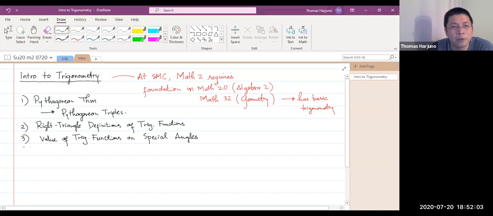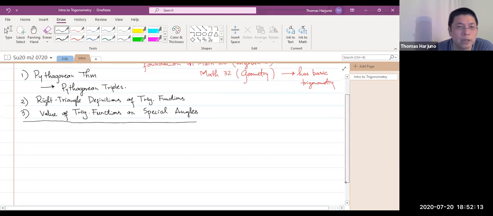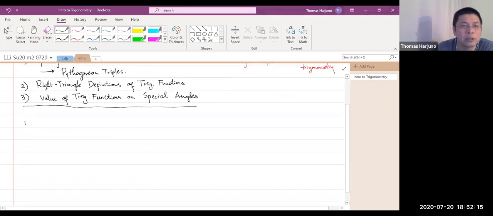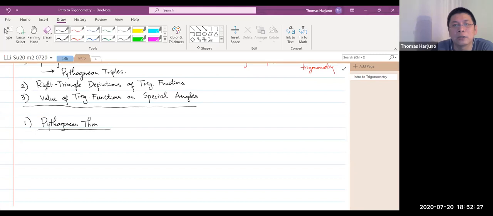Now, if we have a chance, and I think we do, then we will learn how to use a calculator to compute those trig functions. But let's start with the easy one first, the Pythagorean theorem.